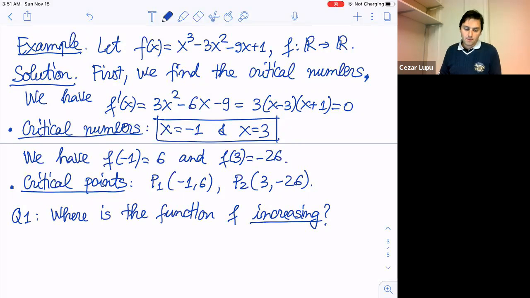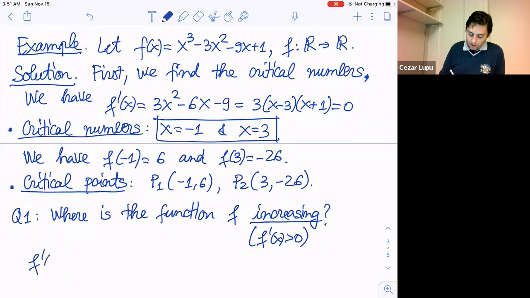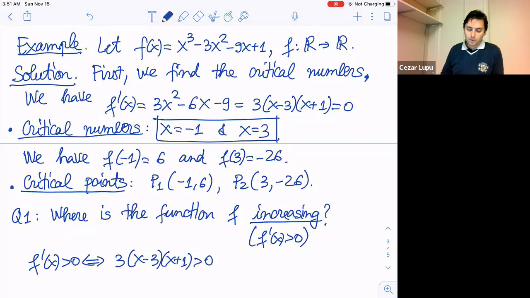In other words, what do I mean by the function being increasing? It means that the derivative is positive. So f prime of x is positive if and only if 3 times (x minus 3) times (x plus 1) is positive.